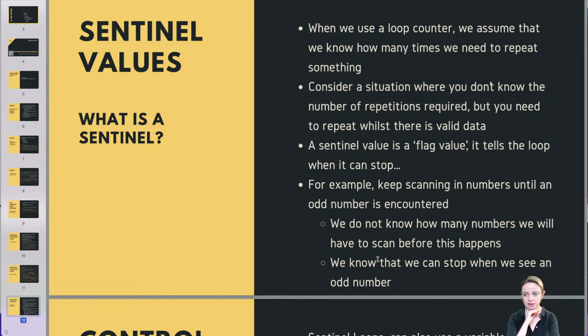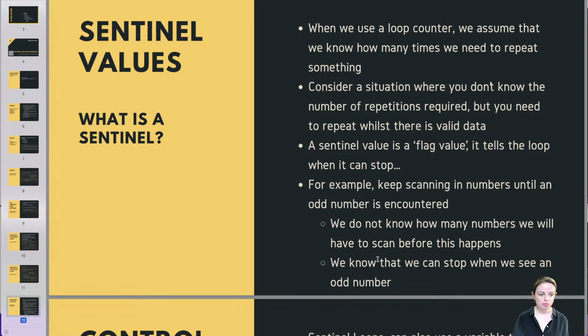Basically, what a Sentinel is, it's like a flag. We either switch it on or we switch it off. We use it as a flag that something has happened, then we'll switch it on, or if something hasn't happened, then we'll keep it off, or the other way around. So basically, it's a flag value. It tells the loop when the loop can stop.